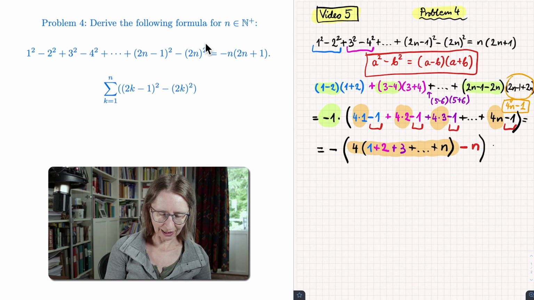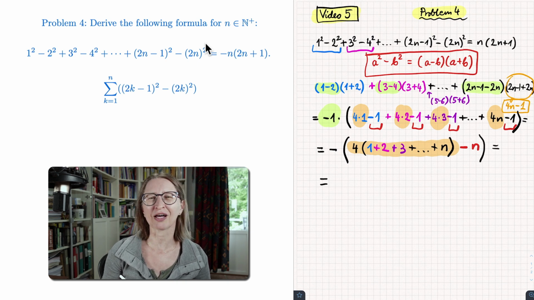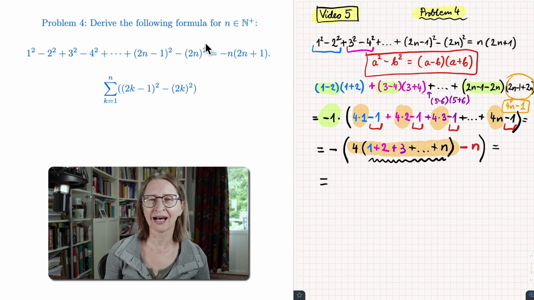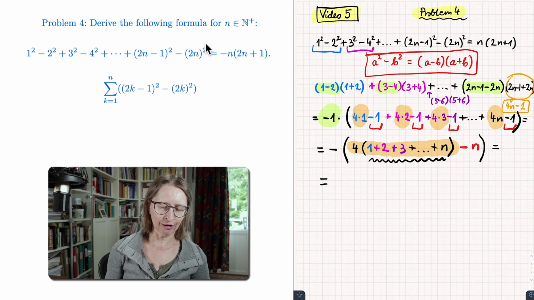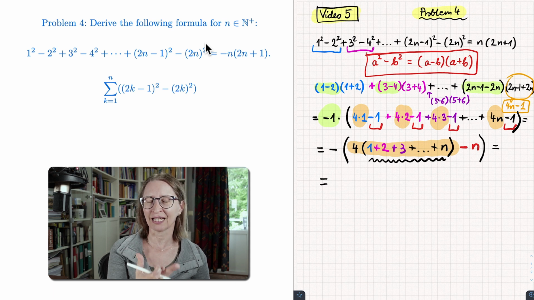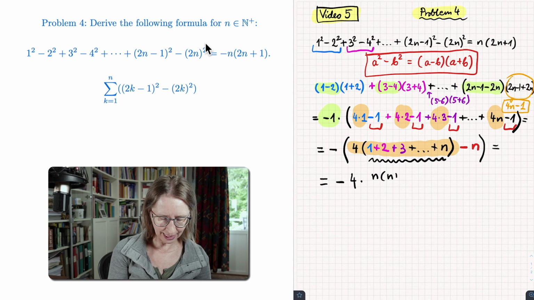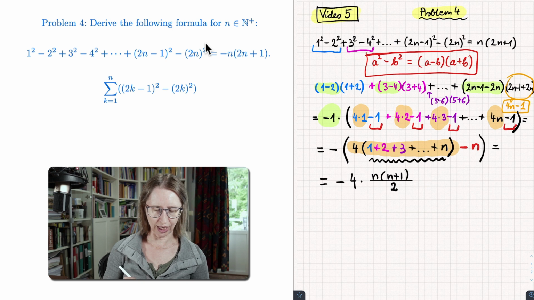And now again, I use my formula from problem number 1, because in problem number 1, I derived the formula for the sum of all the natural numbers starting with 1, ending with n. So I get here minus 4 times n plus 1 divided by 2, right?